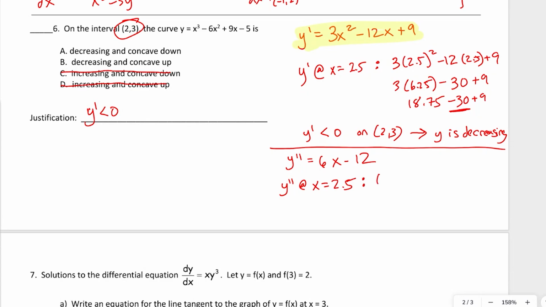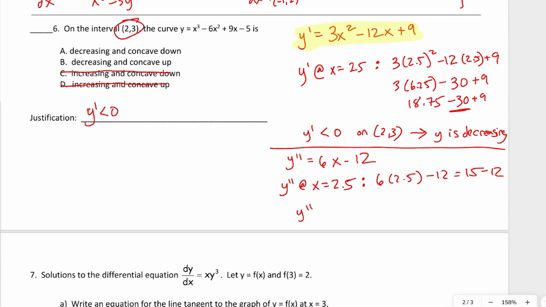So we've got 6 times 2.5 minus 12. Now 6 times 2 is 12, so 6 times 2.5, even if you don't know exactly what that equals, you know it's got to be bigger than 12. If you want to know exactly what it is, 15. So 15 minus 12 is going to be positive.